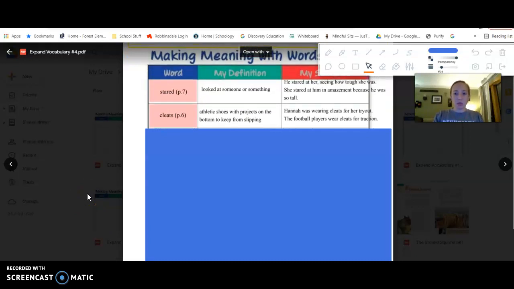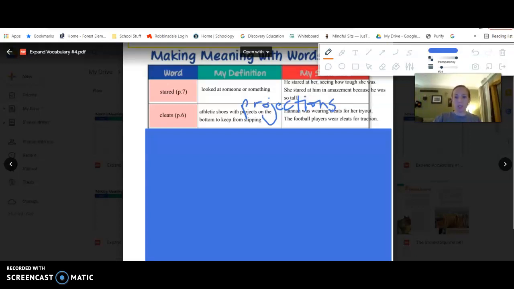Cleats is the next word. Remember, if you didn't get that first one, you can always pause and then play once you're done writing. Cleats are athletic shoes with projections. Sorry, that should say projections on the bottom to keep from slipping. So projections means like things that are sticking out.